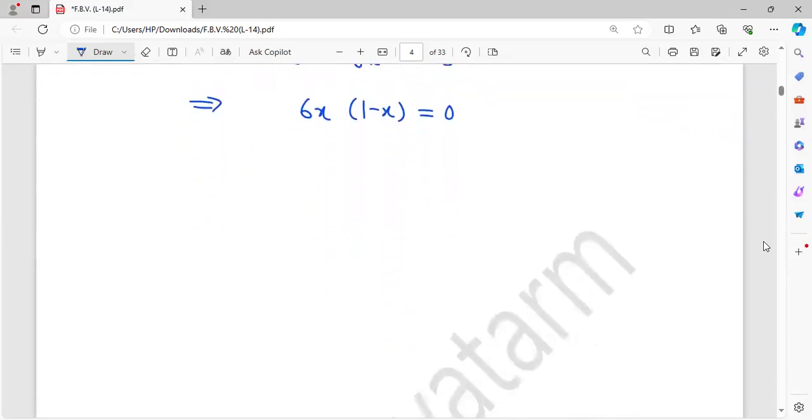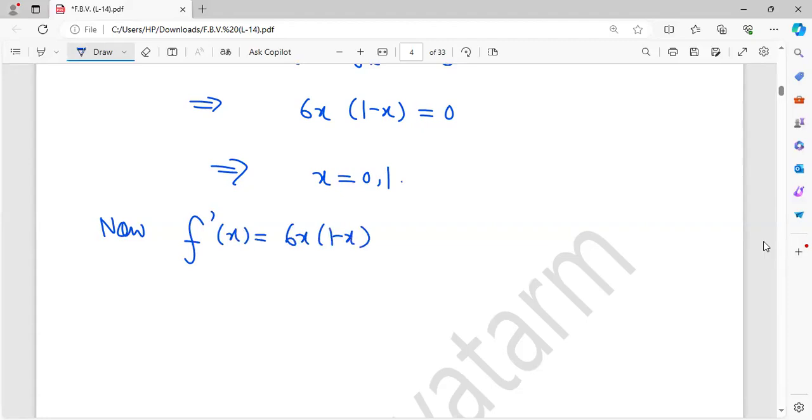Okay. So where the derivative is 0, this implies x is equal to 0 and x is equal to 1. So the derivative vanishes at x equal to 0 and x equal to 1. Now f dash x is equal to 6x(1 minus x).